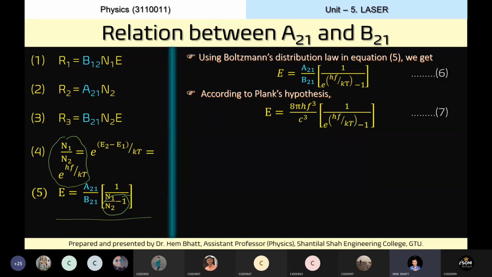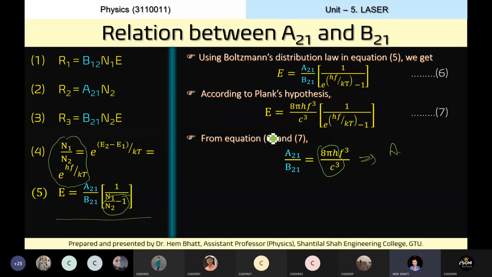What do we get? We get relation between A21 and B21. Now we can say that A21 by B21 is equal to 8 pi hf cube by c cube. Now in this equation all these terms are constant. આ તો બધા અચળાંક છે.